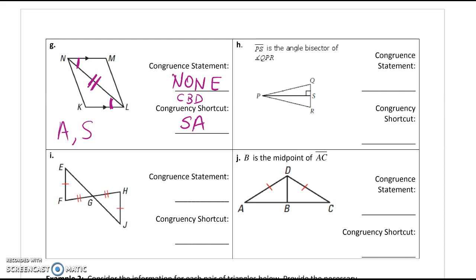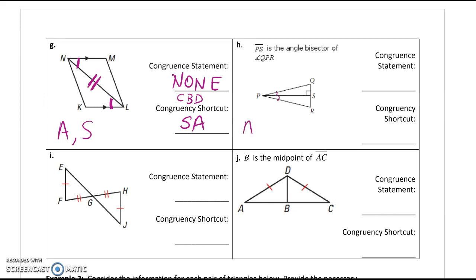Okay, let's take a look at the next one. Let's read the directions. Segment PS is the angle bisector of QPR. So it bisects that angle. Bisect means to cut in half. So if it cuts it in half, both of these angles are congruent.